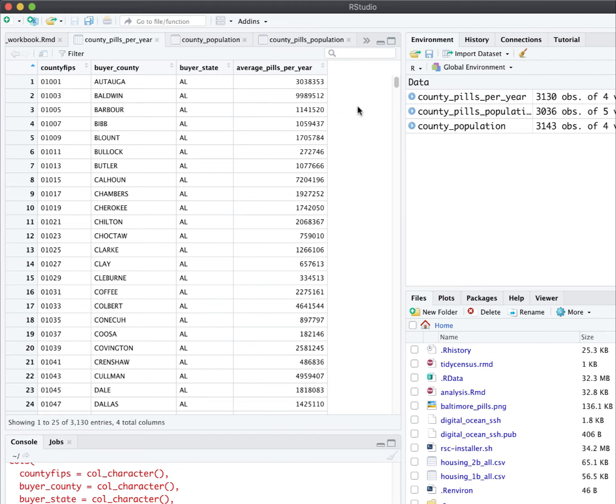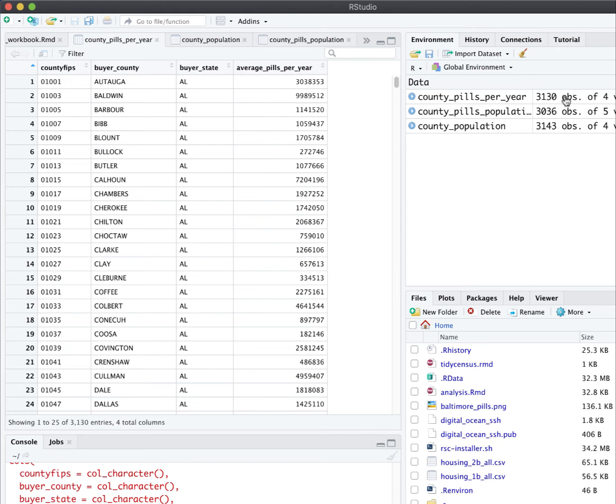That is why, by the way, and in subsequent videos we'll see why, these 3 tables have different numbers of rows. So our original population has 3143 rows. Our original pills has 3130 rows.